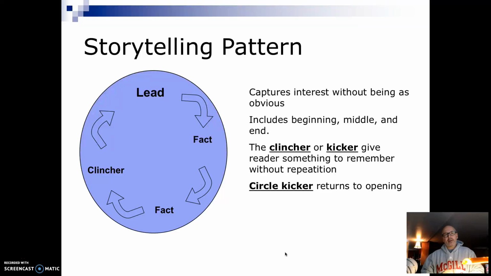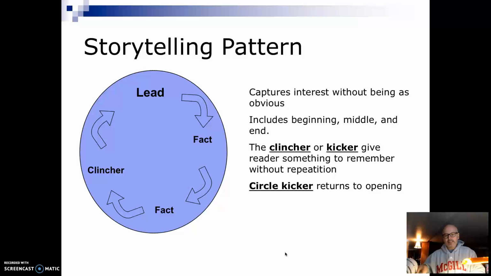The storytelling pattern is a little more developed and a little more complicated to do. It does capture the interest without being as obvious, so therefore it is not always a news event. It might be a feature article of some sort for the reader to look at.